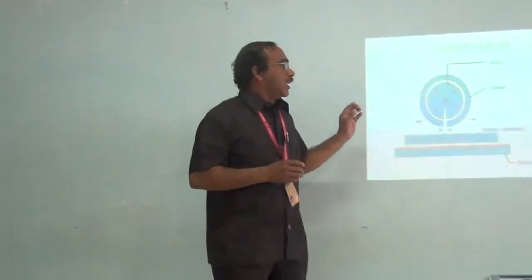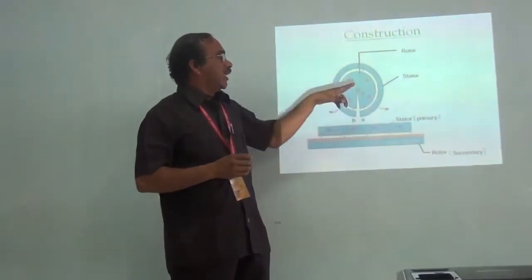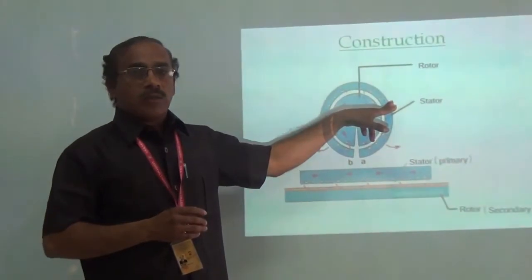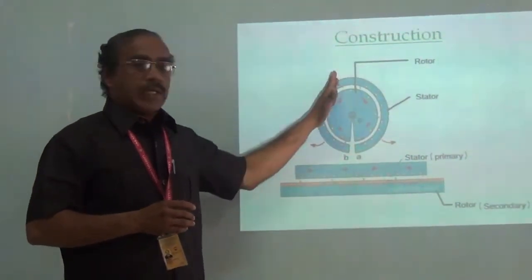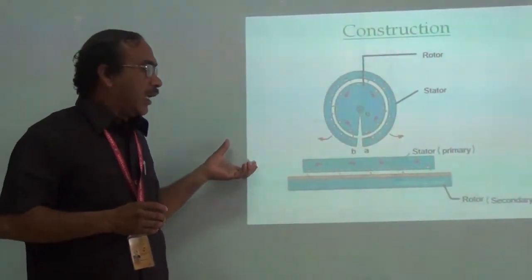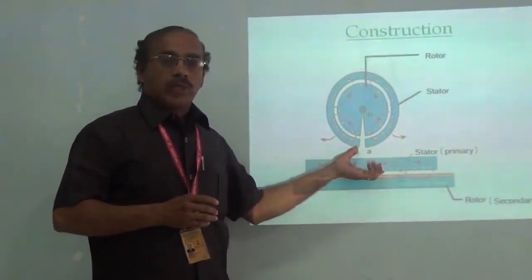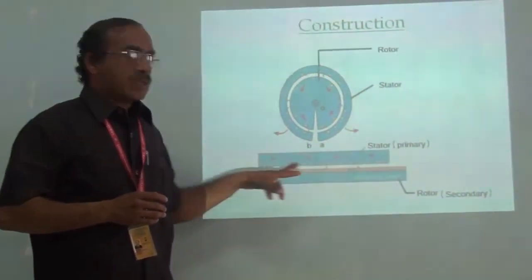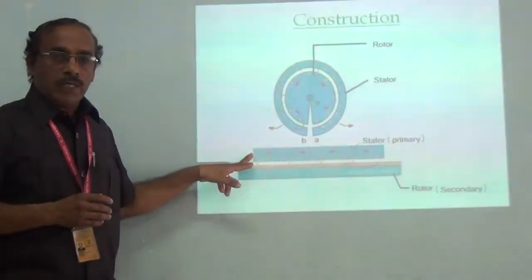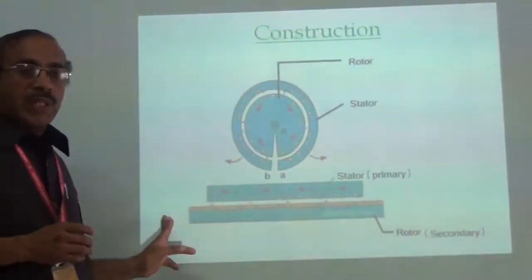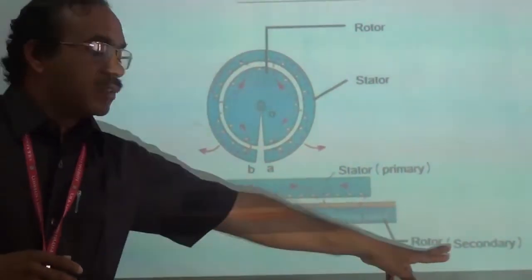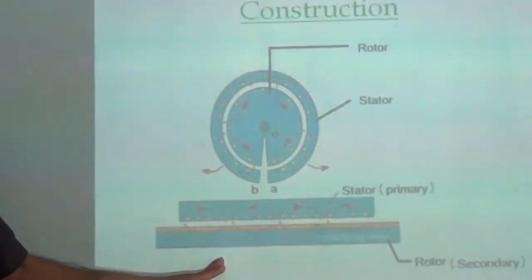If you see the construction, the general purpose motor has the rotor and stator, which are cut and laid flat as shown here. The stator is considered the primary winding of the linear induction motor and the rotor is considered the secondary of the linear induction motor.